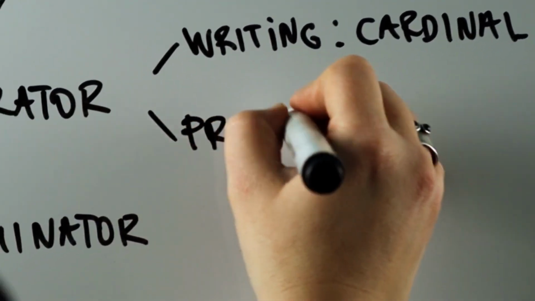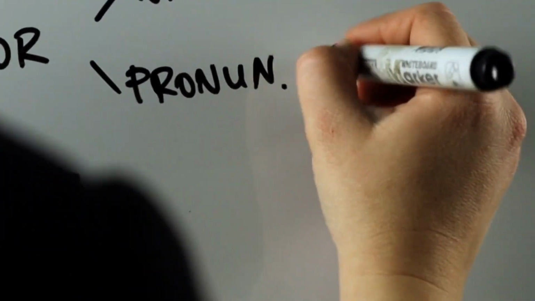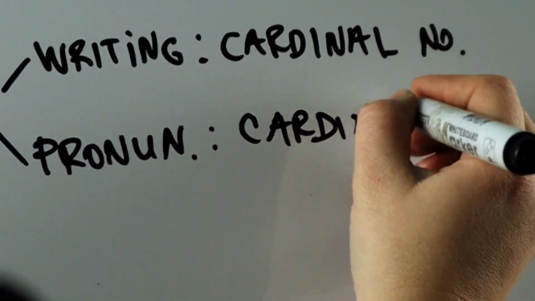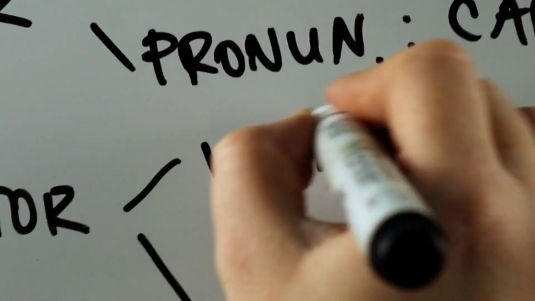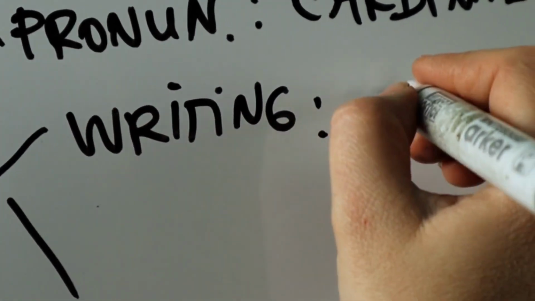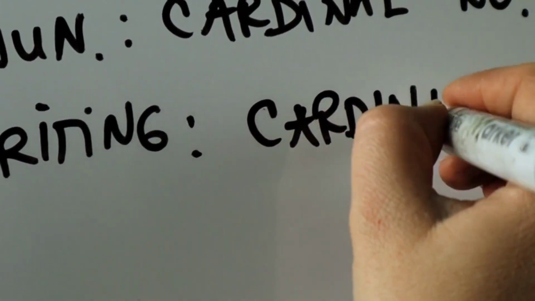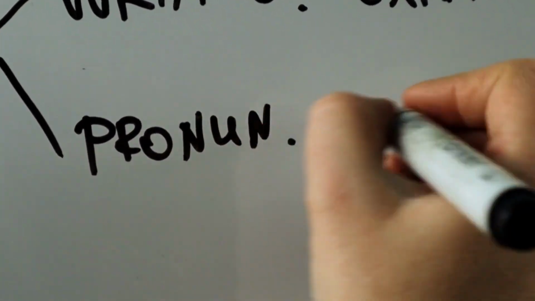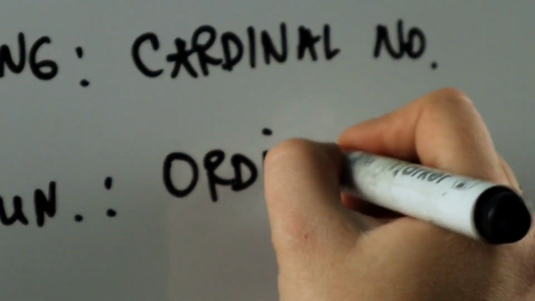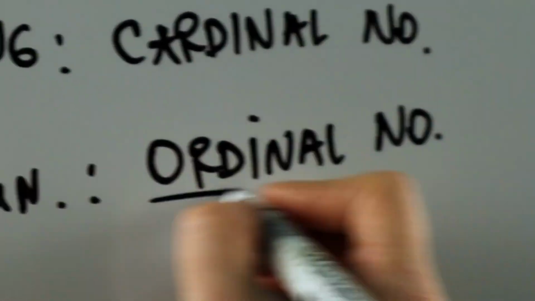Now, when we are numerically presenting them, we will of course be using numbers, but the problems arise when we are supposed to pronounce them. For the numerator, in pronunciation we always use the cardinal number: 1, 2, 3, 4, 5. For the denominator, we always use the ordinal number. For example, 1/5.